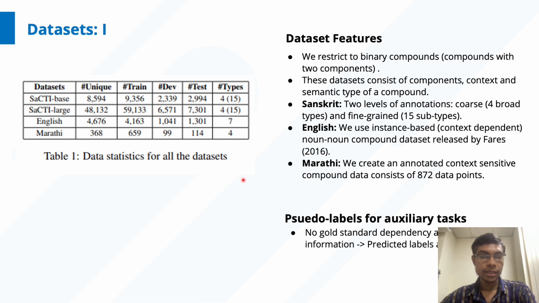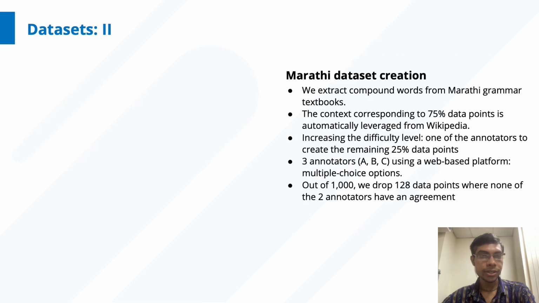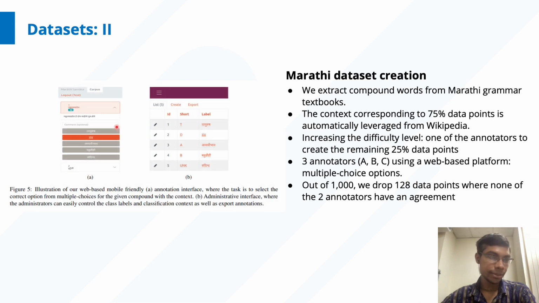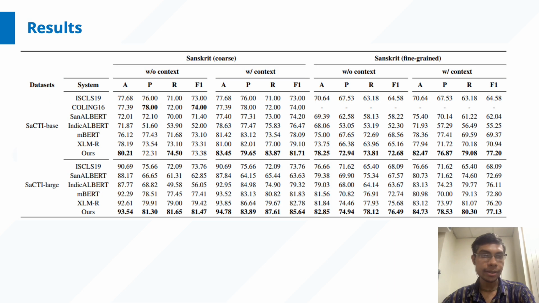For the auxiliary tasks, gold labels were not present, so we have used the predicted labels as pseudo labels for our purpose. For Marathi, the dataset was not available, so we have annotated this data. For annotation, we also built a framework. More details about the annotation decisions you can find in our paper.